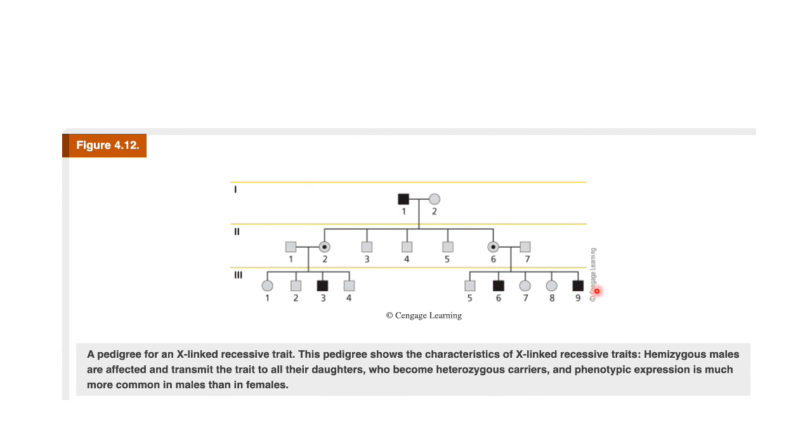And this male here is also expressing that disease. Same thing that's going on here. The male here is expressing the disease simply because one of the X's was passed on with the recessive. And for males, since this is X-linked, they only need one X to express that disease.